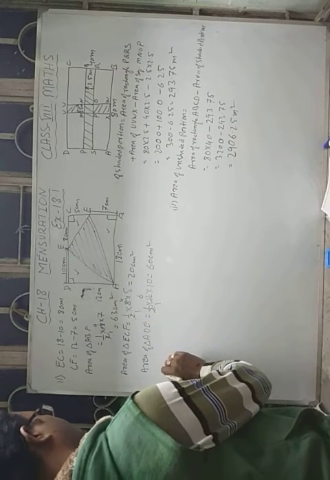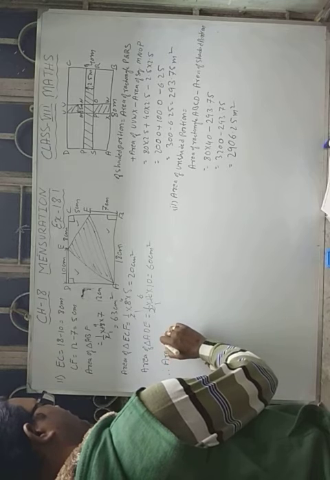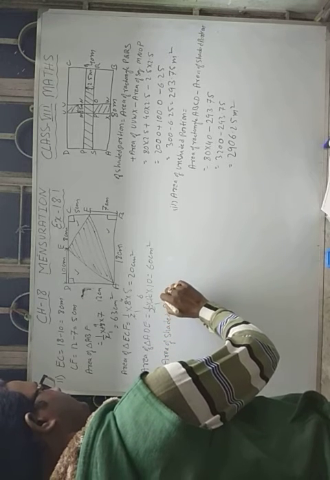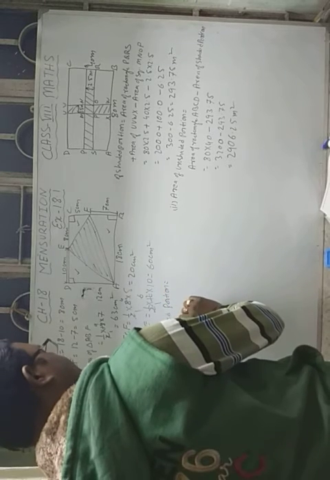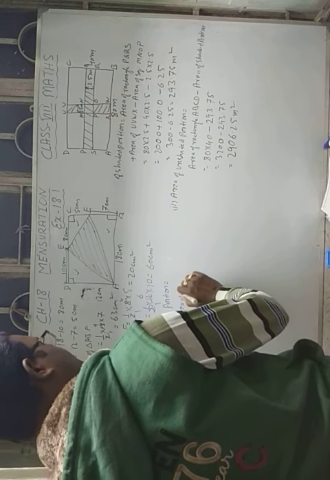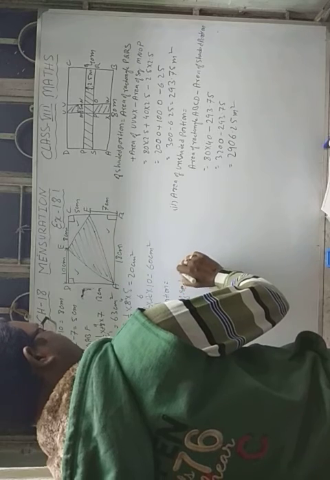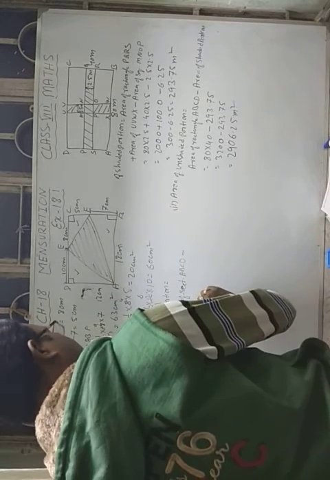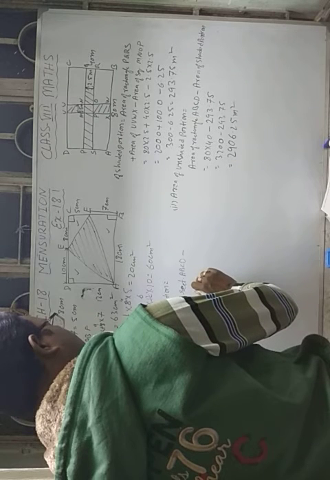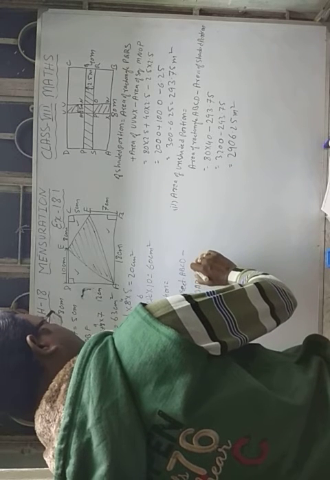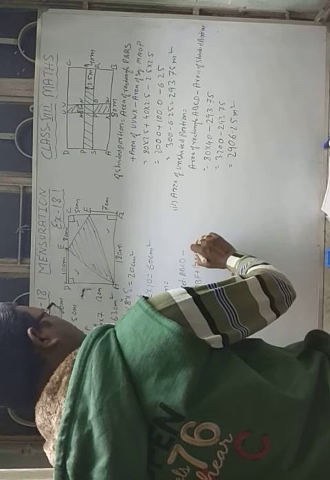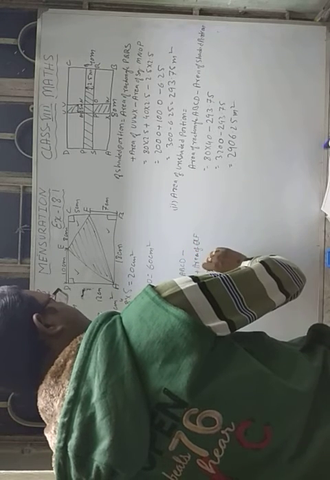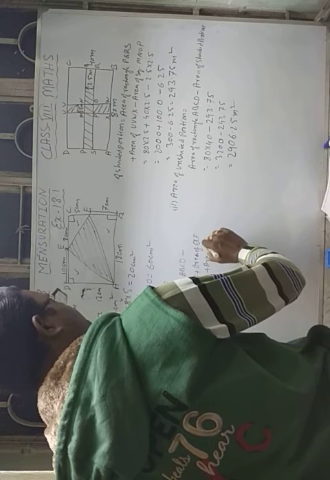Therefore, area of shaded portion is equal to area of rectangle ABCD minus the area of triangle ABF plus area of triangle ECF plus area of triangle ADE.